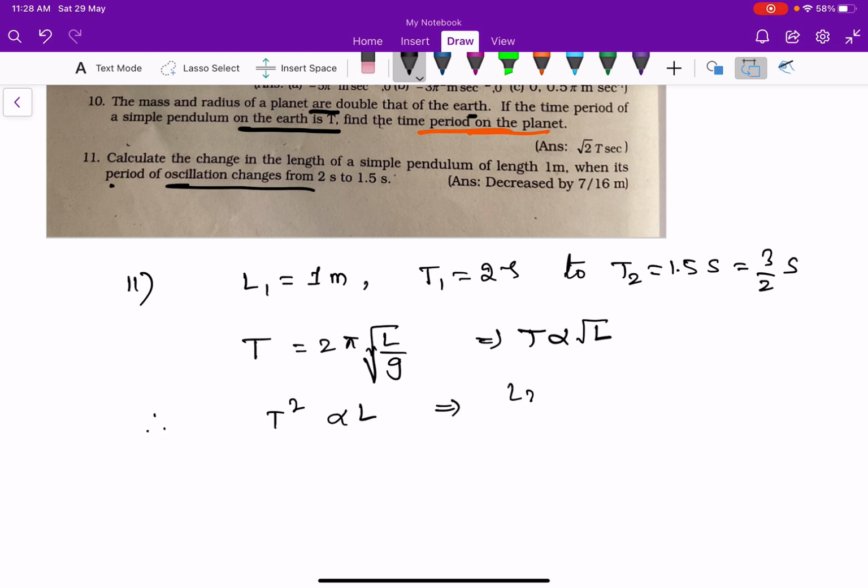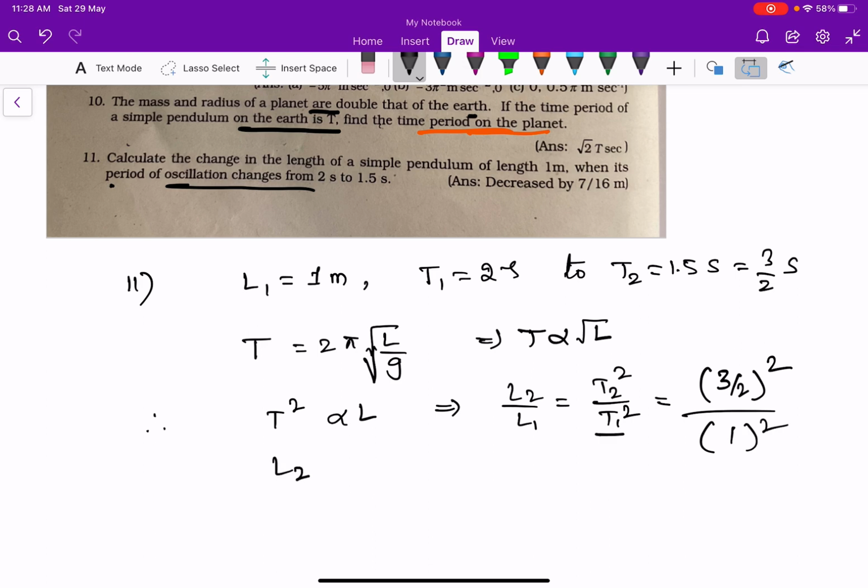So L2 by L1 is equal to T2 square by T1 square. Here T2 square is nothing but 3 by 2 whole square, divided by T1 square, which is 2 square.